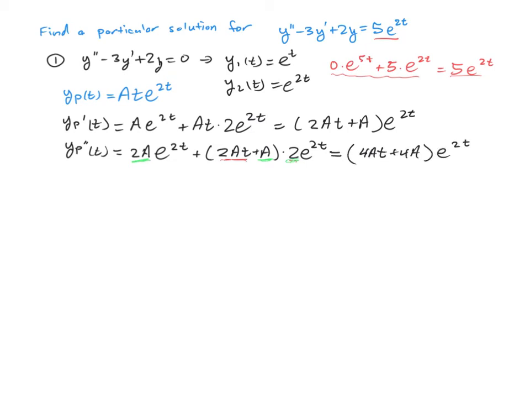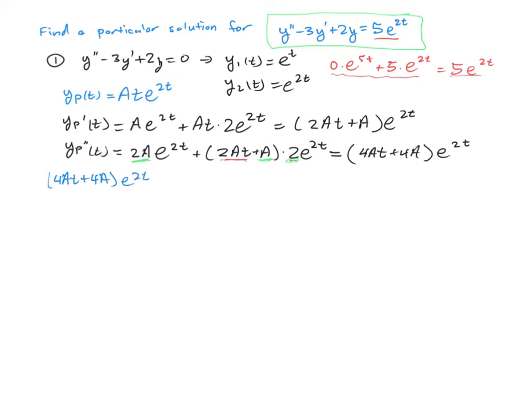We can now substitute that second derivative and first derivative and original function into our inhomogeneous differential equation. So in place of the y double prime, we will have our 4at plus 4a all times e to the 2t.